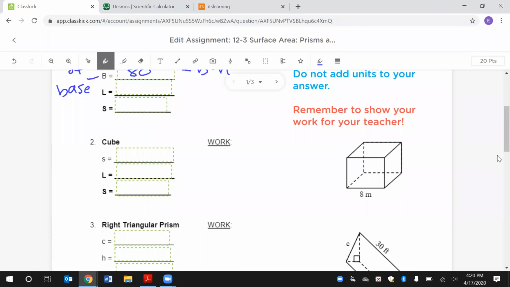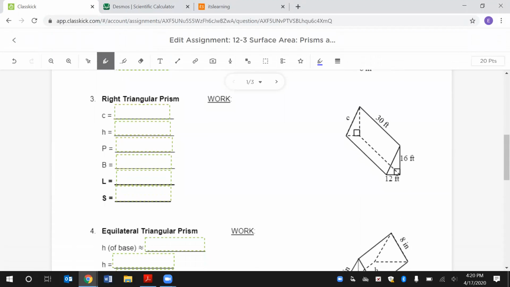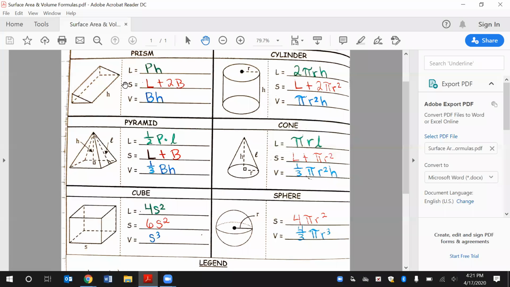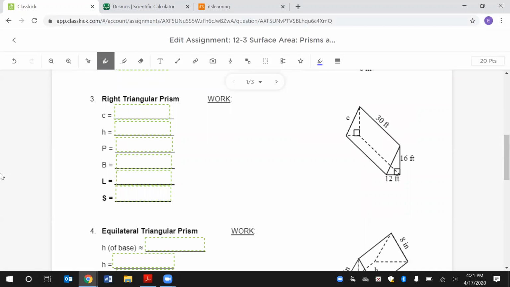For number 2, there's a formula for a cube. You can look it up in your formula sheet. You can watch the first video where I work out examples for cubes. This one's also a prism, so I'm using these formulas right here for a prism. But remember, the L and the S are going to stay the same for prisms. For this area of the base, it changes depending on what your base is.